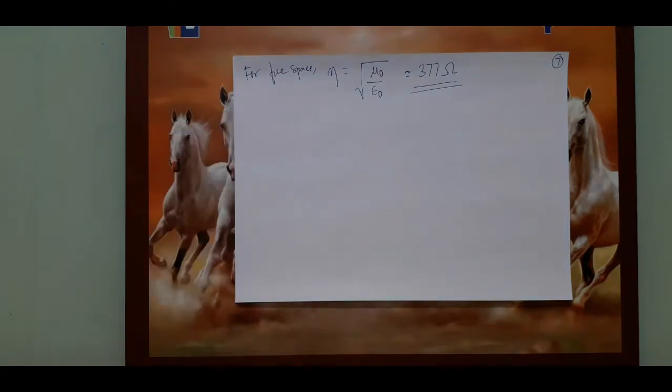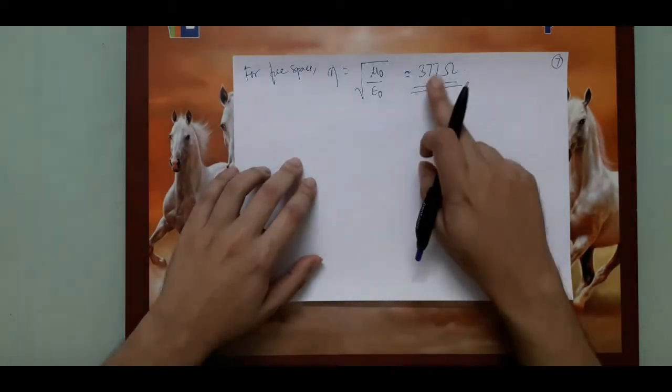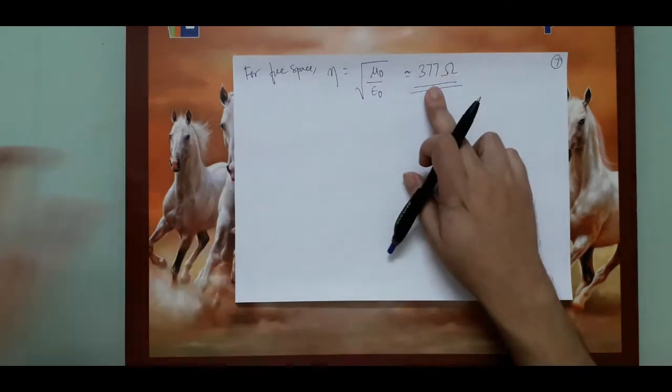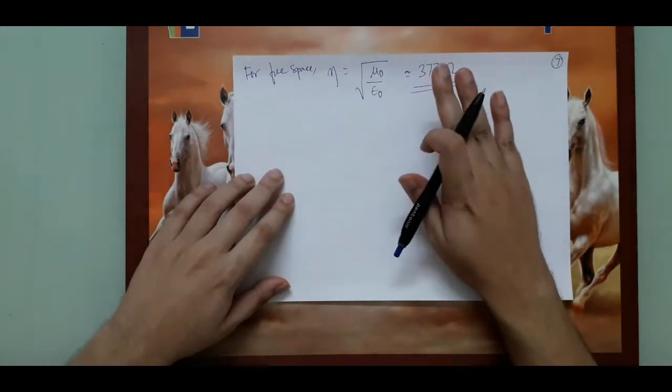So if you treat space as a transmission line, the transmission line will have a characteristic impedance of 377 ohms.